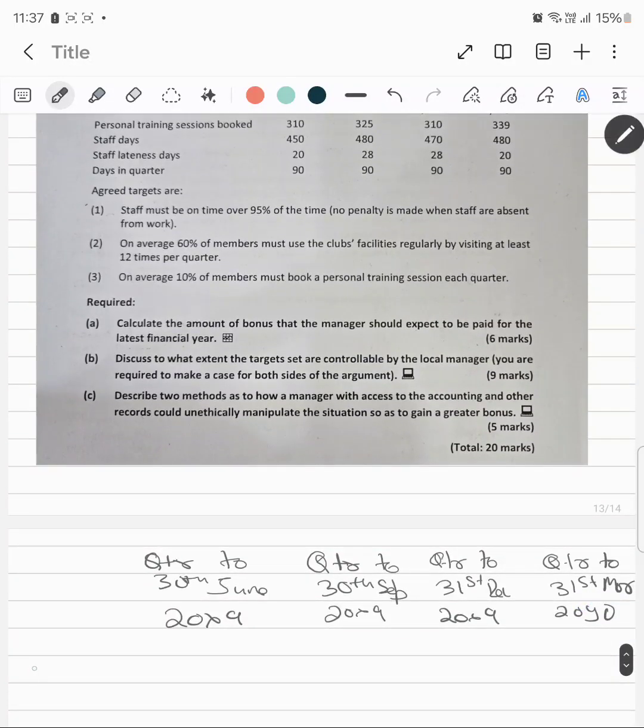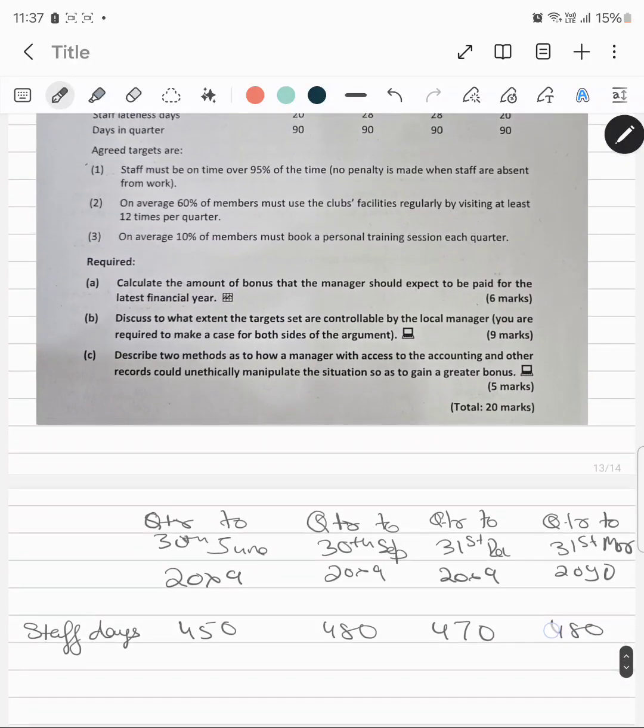So staff days, I think these are the ideal days which should be there: 450, 480, 470, and then 480.